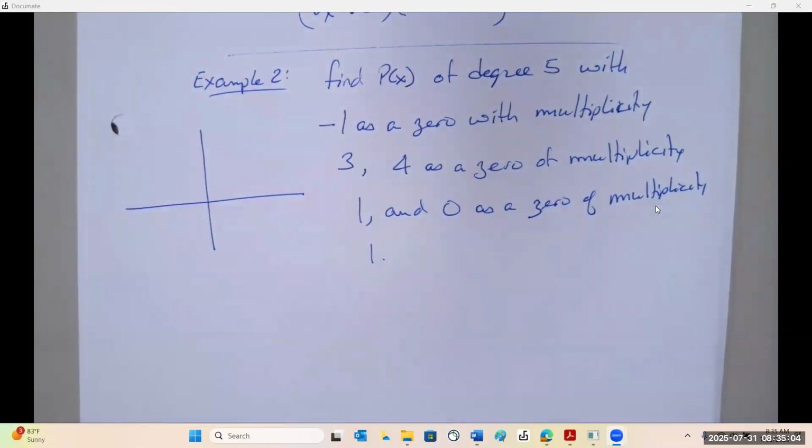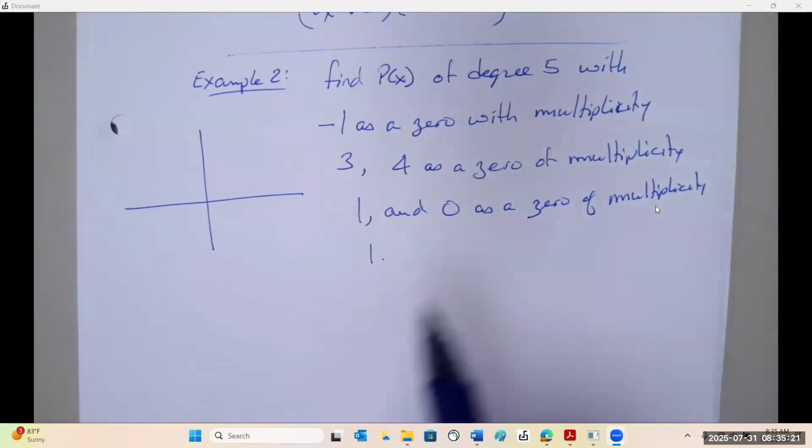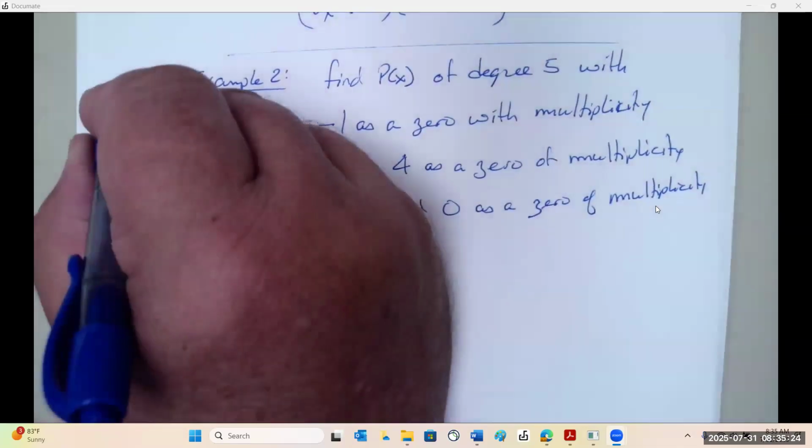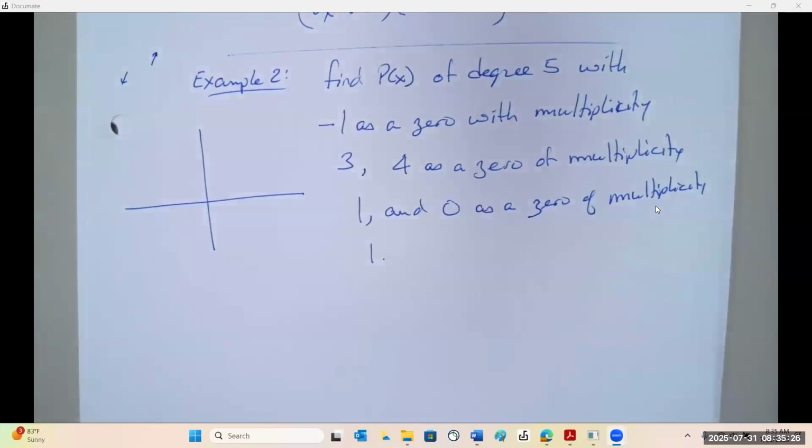Before we do anything further, with this information, can you tell me what the graph is going to look like? What's the end behavior? Why? Right, because degree 5, we know that the end behavior has to be different directions. Since it doesn't tell us anything about the coefficient, we're presuming it's positive.